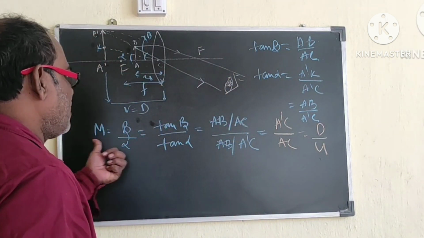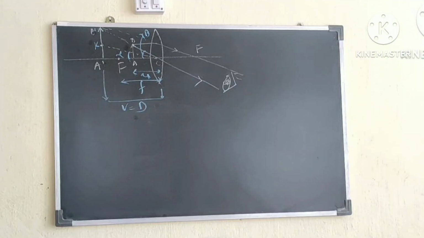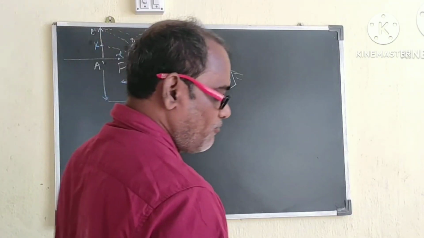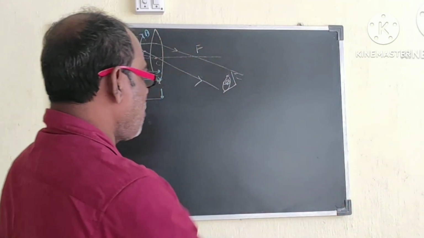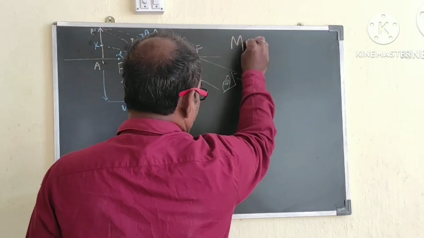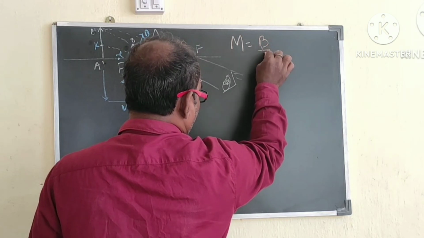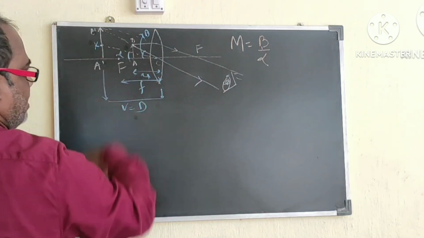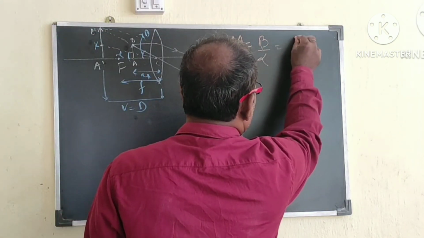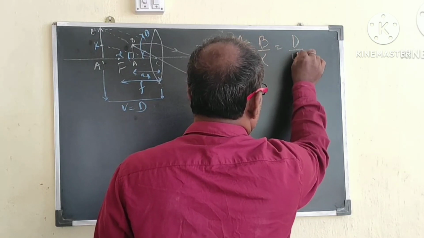So we can find the derivation in this way. Now let us go with one more formula with the help of this. Already we have learned that magnifying power is equal to beta by alpha. From this we can find it out. And also just now we had D by U.